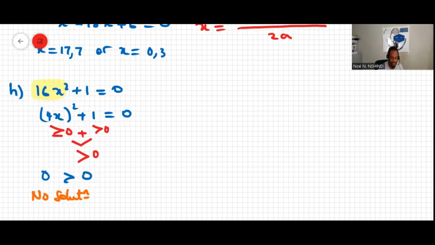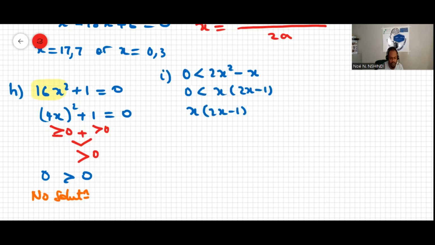We can do now question I. That says 0 lesser than 2x squared minus x. Okay, that makes 0 lesser than x factors of x squared, no, x times 2x minus 1. That makes 2x minus 1 greater than 0. So the critical values here are 0 and 0.5.